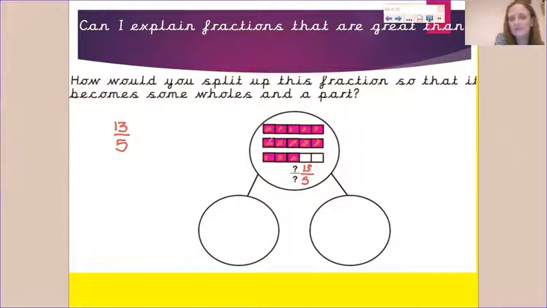If we break this up into bits that are completely wholes and bits that are not completely colored in, we will have the following. Just draw it for you.